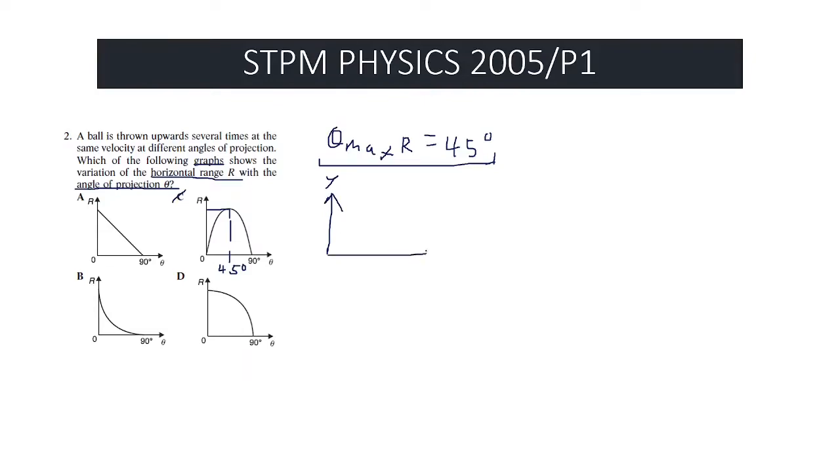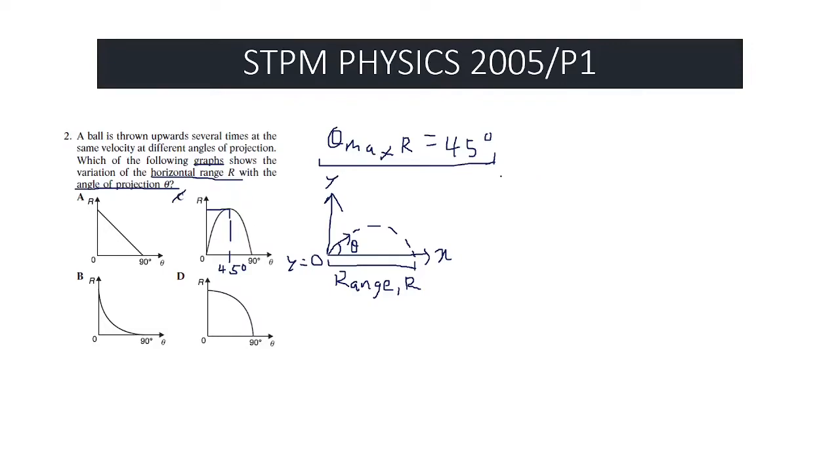The horizontal range is defined as the x displacement when something starts from y equals 0 and gets projected at a certain angle, and then the object reaches y equals 0 again, and this x displacement here is what we call the range R.